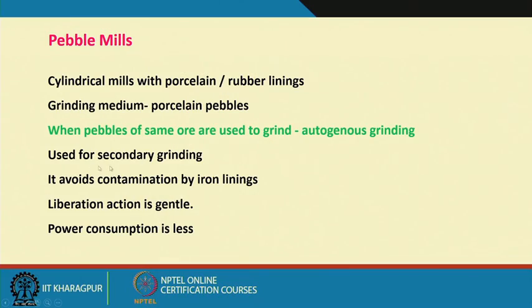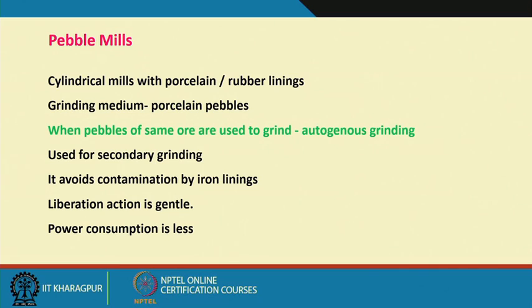Pebble mills are generally used for secondary grinding, that is, after primary grinding. It avoids contamination by iron linings, because we are using pebbles made of porcelain, so they are not that prone to wear, or as in autogenous grinding, you do not have much wear of the material surface, and ball wear is not there.